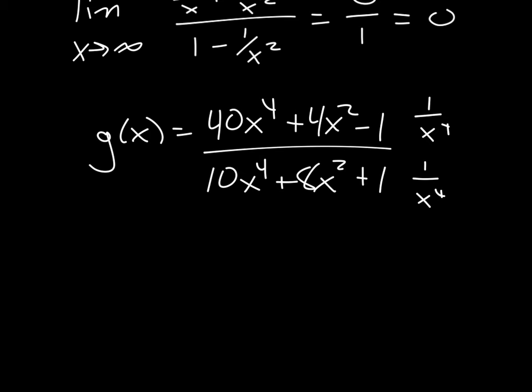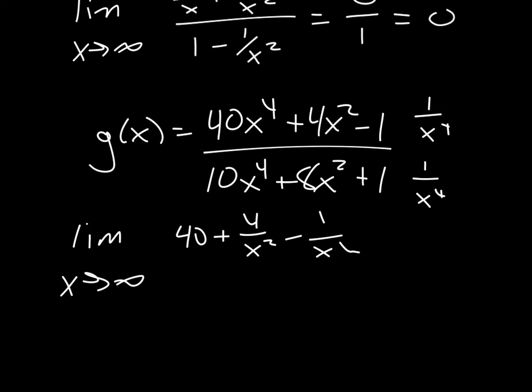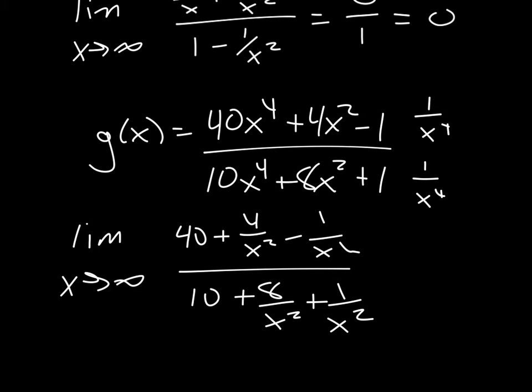So then as the limit as x approaches infinity, we have 40 plus 4 over x squared minus 1 over x squared, over 10 plus 8 over x squared plus 1 over x squared. Right? So then as we evaluate all those ones with x, they all go to 0 again, yeah?